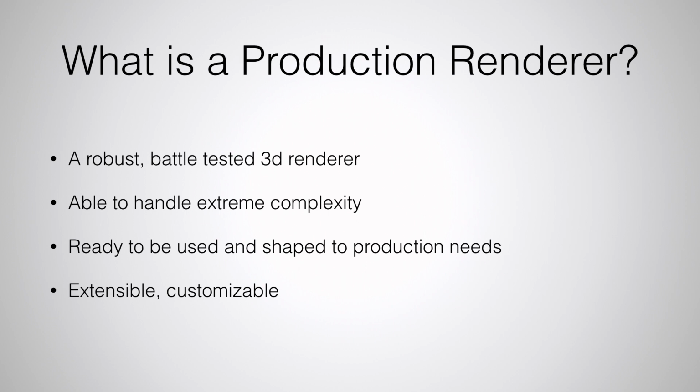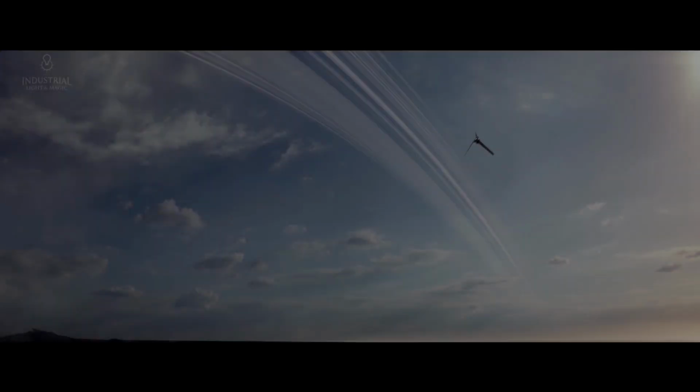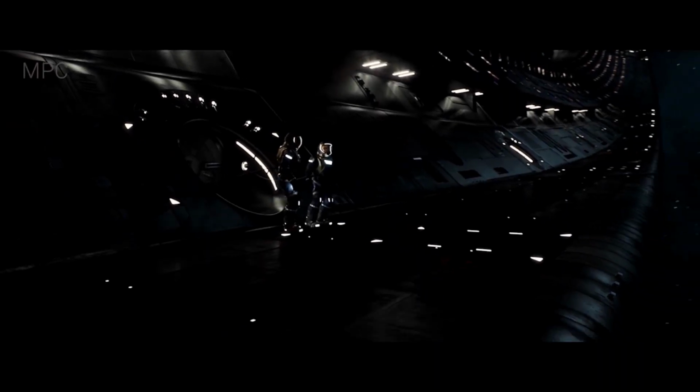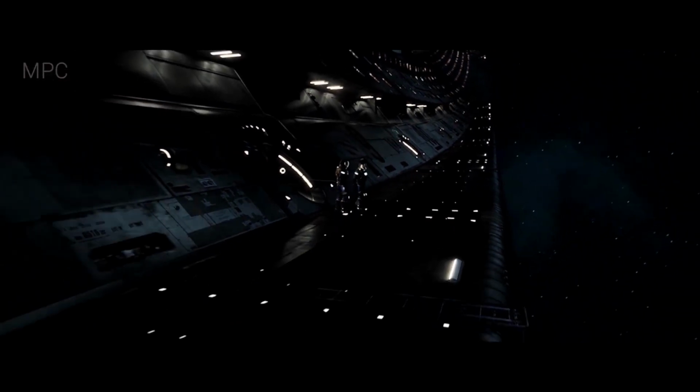So they have to be customizable and adaptable, and depending on the technical resources of different studios, they might be able to do development. So this is how RenderMan is used today by some of our customers, other than Pixar.